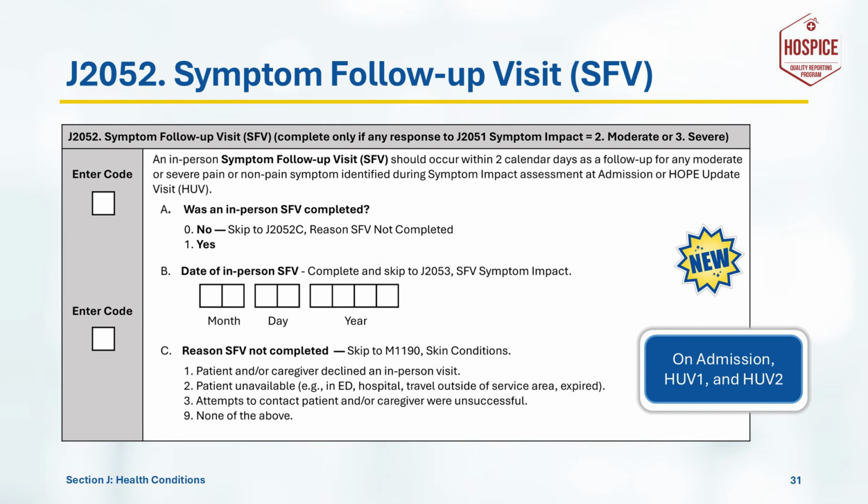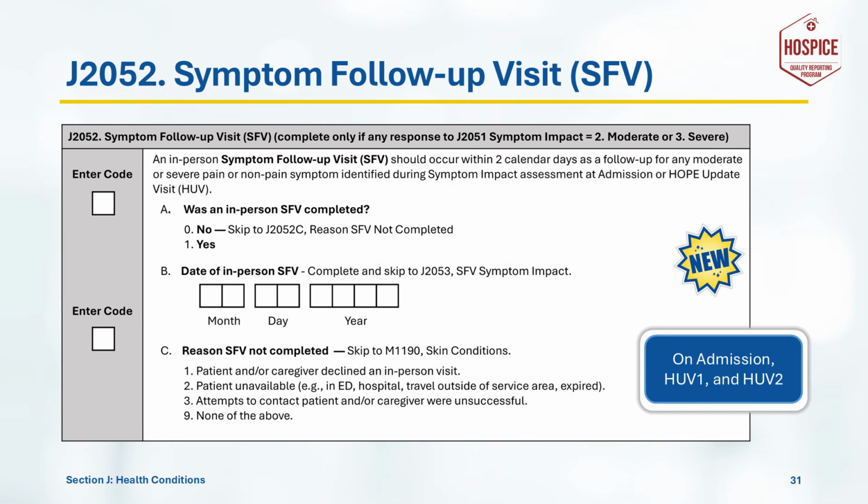The first question asks, was an in-person SFV completed? Then it asks the date of the in-person SFV. And then C, there may be times when SFV is not completed. So J2052C lists several possible reasons.